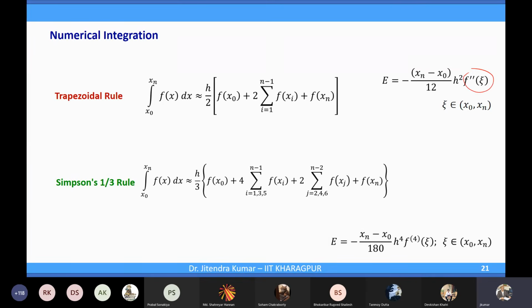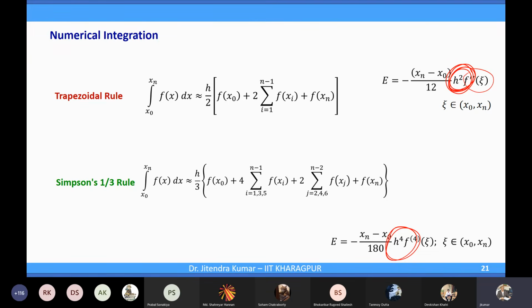For this trapezoidal rule, the error is proportional to h squared, whereas for this one it is h to the 4. So you know which one will give you really better results. Of course, Simpson 1/3 rule, because here the error is h4. All those benefits are there to analyze.